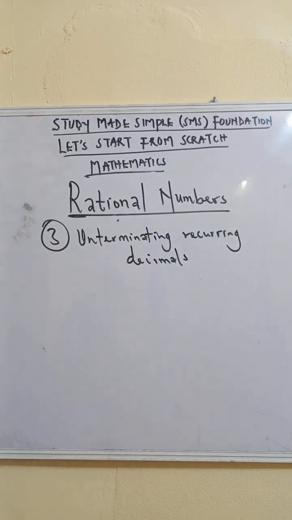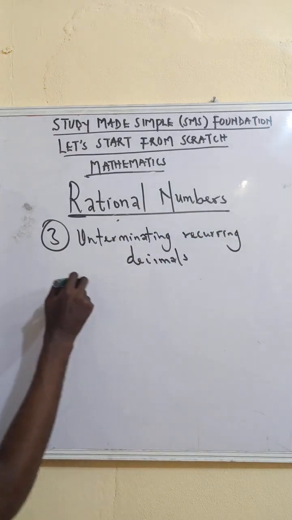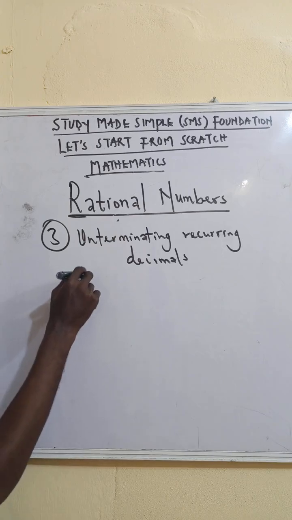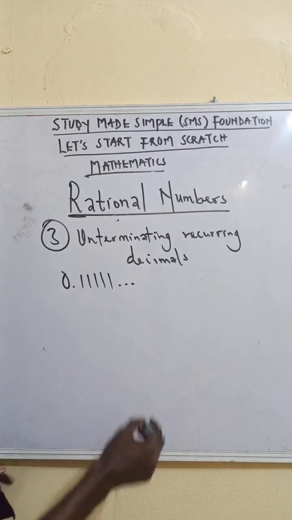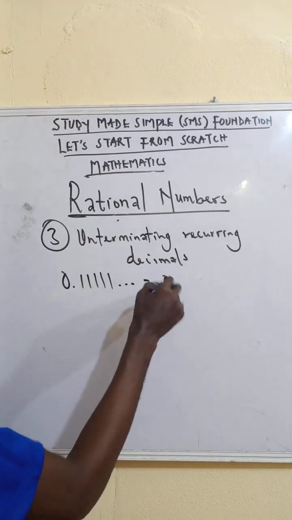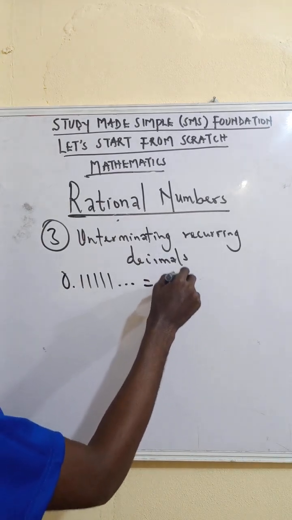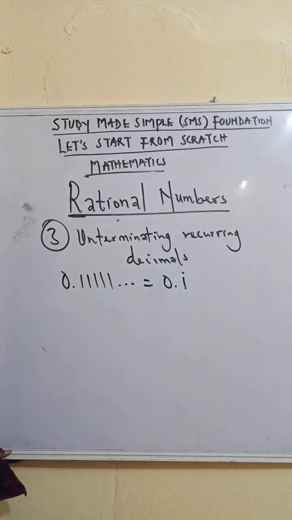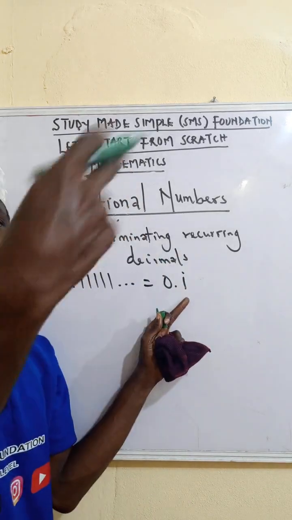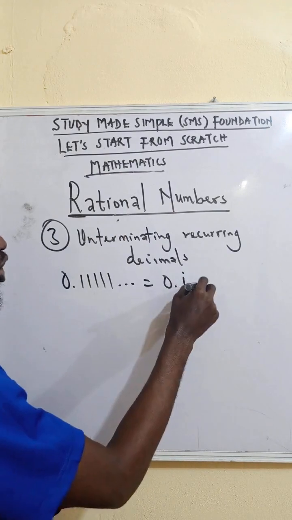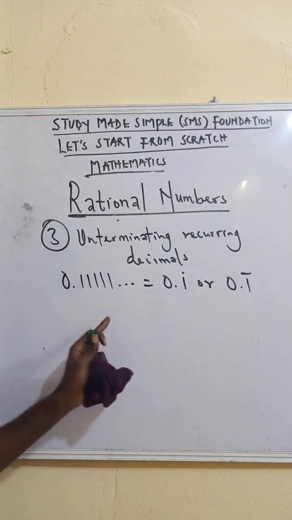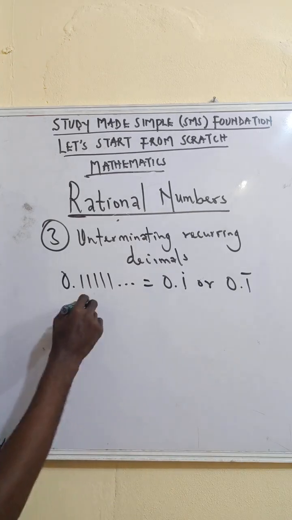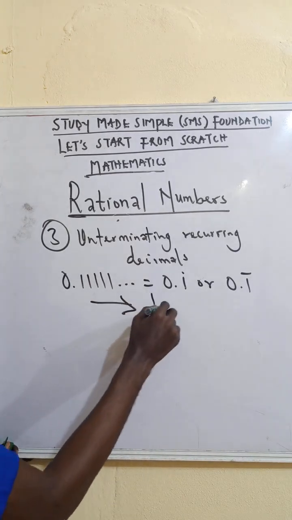So let's see examples of that. Numbers like 0.11111, let's say the one continues like that till Jesus comes. In a short form, you can write it as 0.1 with a dot on top of it. This indicates that the one is repeating. Or you can write it as 0.1 bar. This can be converted to fraction as 1/9.